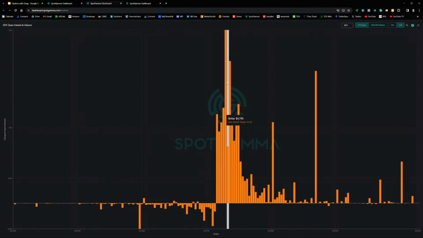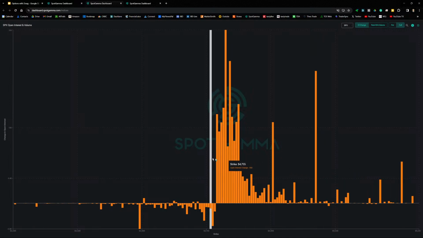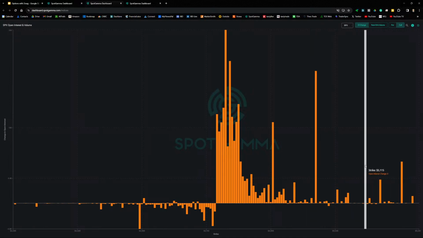And note all the calls added. That's at 4790, 4,800, and 5,000. So quite a shift higher in the absolute gamma, or the open interest in calls there.